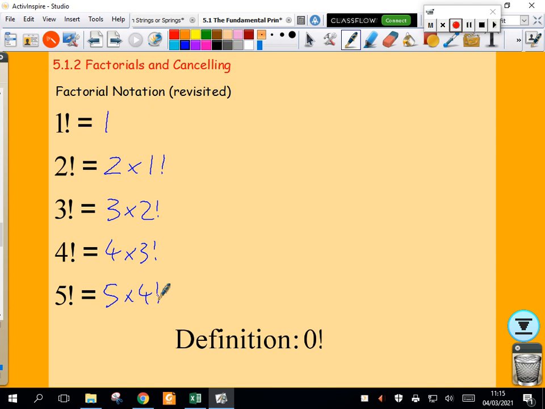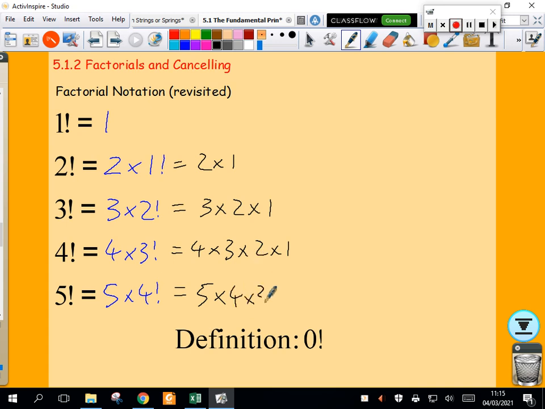Notice 2 by 1 factorial is just 2 times 1. So 3 by 2 factorial is just 3 by 2 by 1. 4 by 3 factorial is 4 by 3 by 2 by 1. 5 by 4 factorial is 5 by 4 by 3 by 2 by 1.